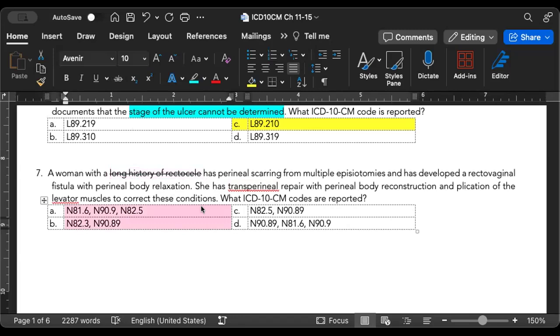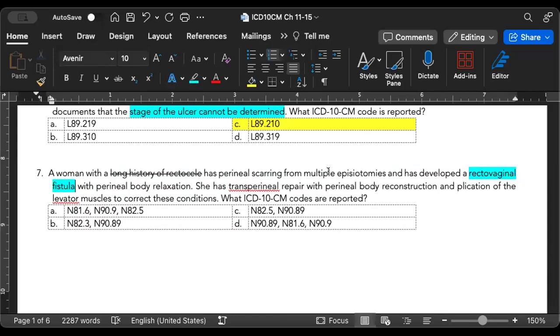So what we need to code is the rectovaginal fistula, because that is what the patient has developed as a result of the perineal scarring and the multiple episiotomies. So the rectovaginal fistula is what's bringing the patient in today. So in the alphabetic index, we will go to fistula.